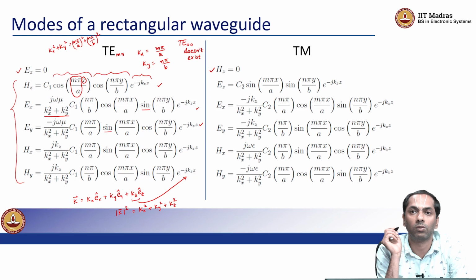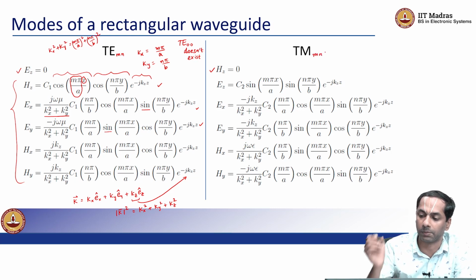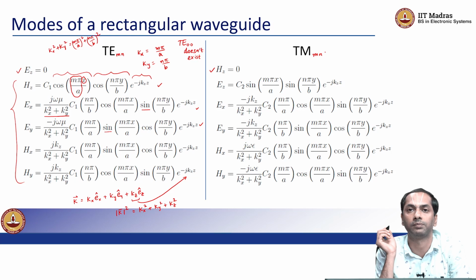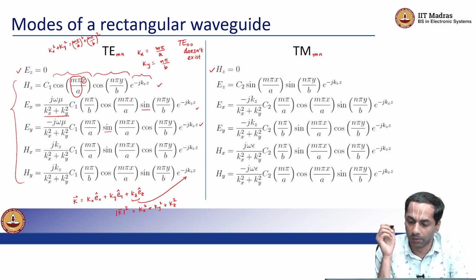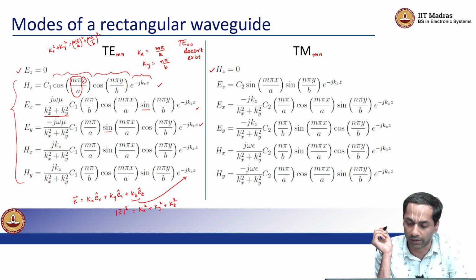Okay, so now with TM, we also need a subscript here, mn. But the expressions look a bit different naturally, because in this case, Hz is 0. So there is electric field in the propagation direction, but no magnetic field in the propagation direction.